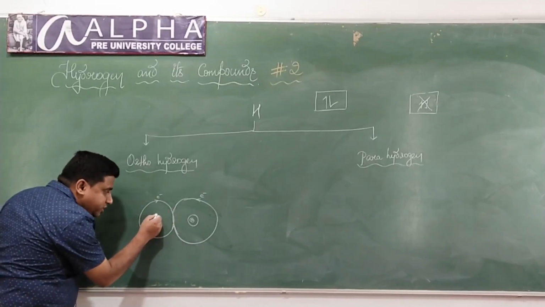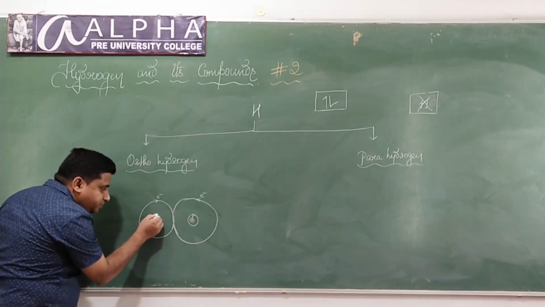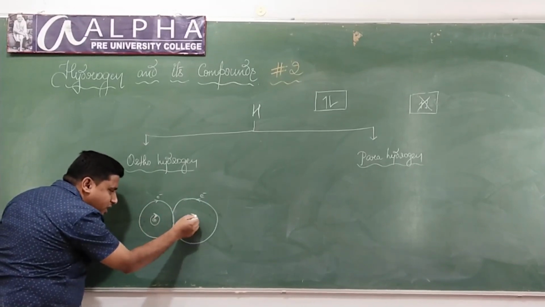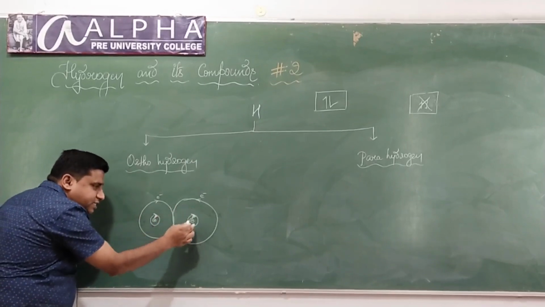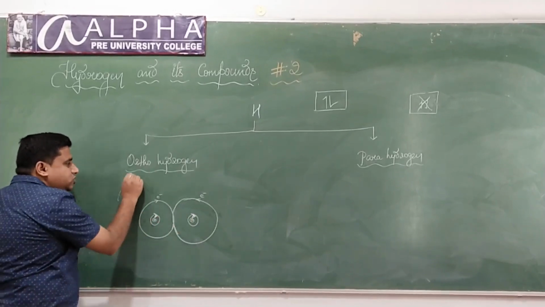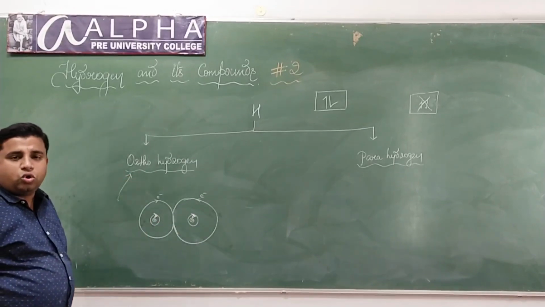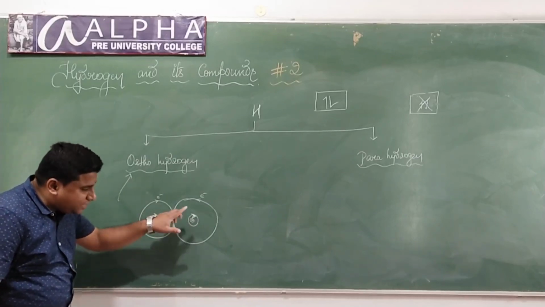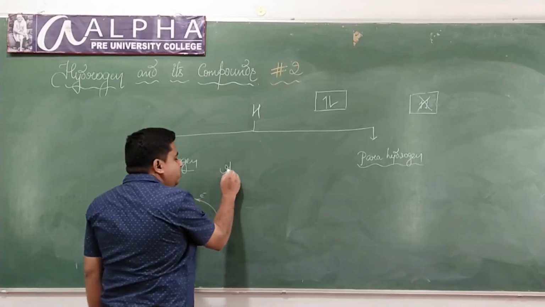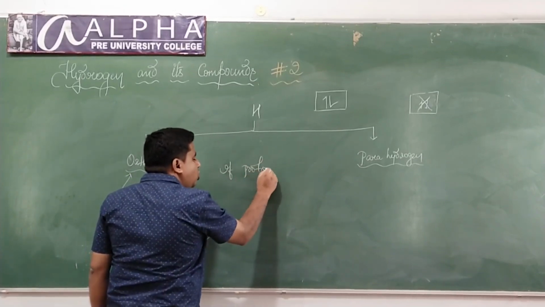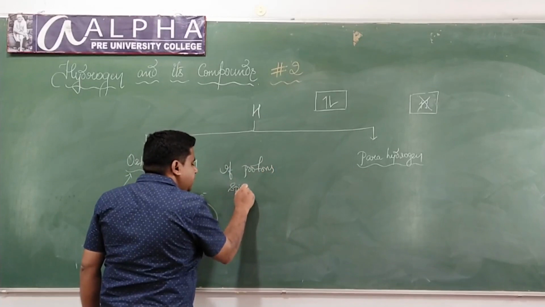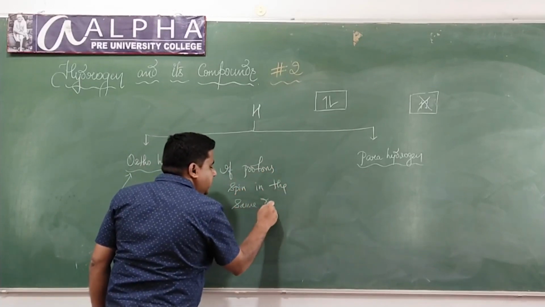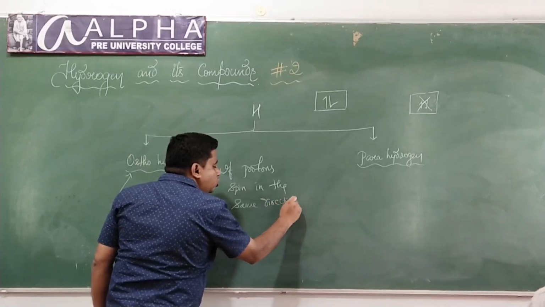If the two protons are spinning in the same direction, then it is called ortho hydrogen.